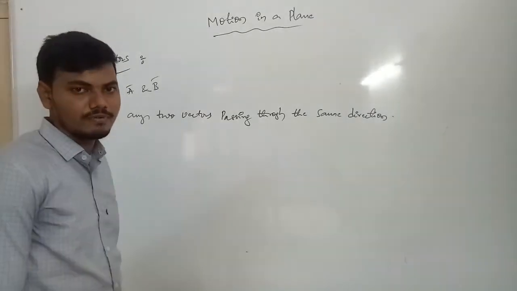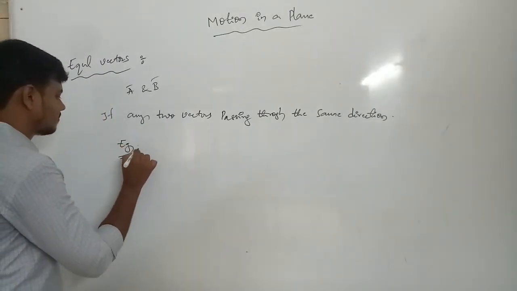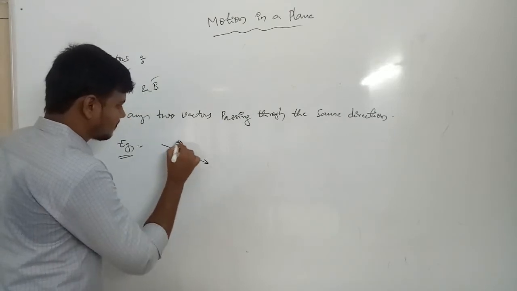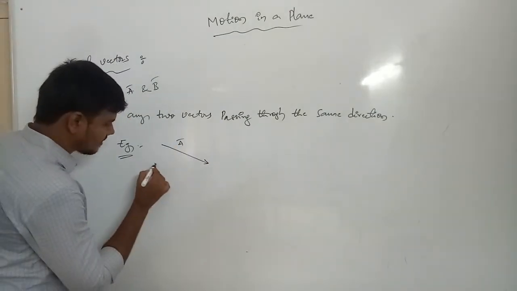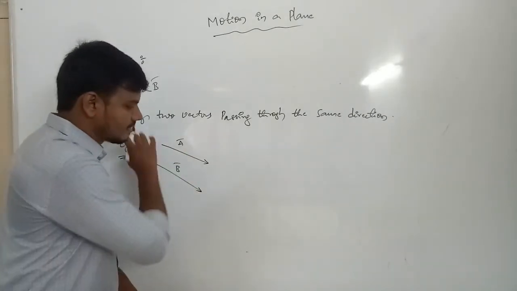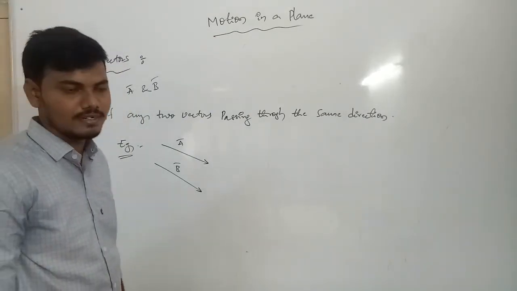For example, this is the first vector, a bar. Now this is the second vector, b bar, which is parallel to it in the downward direction. This is known as an equal vector. Clear?